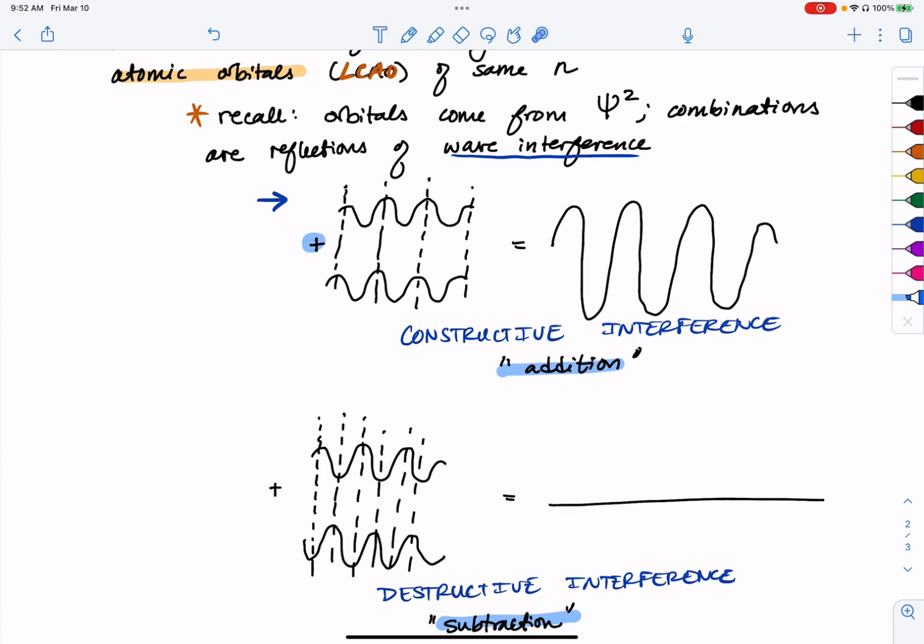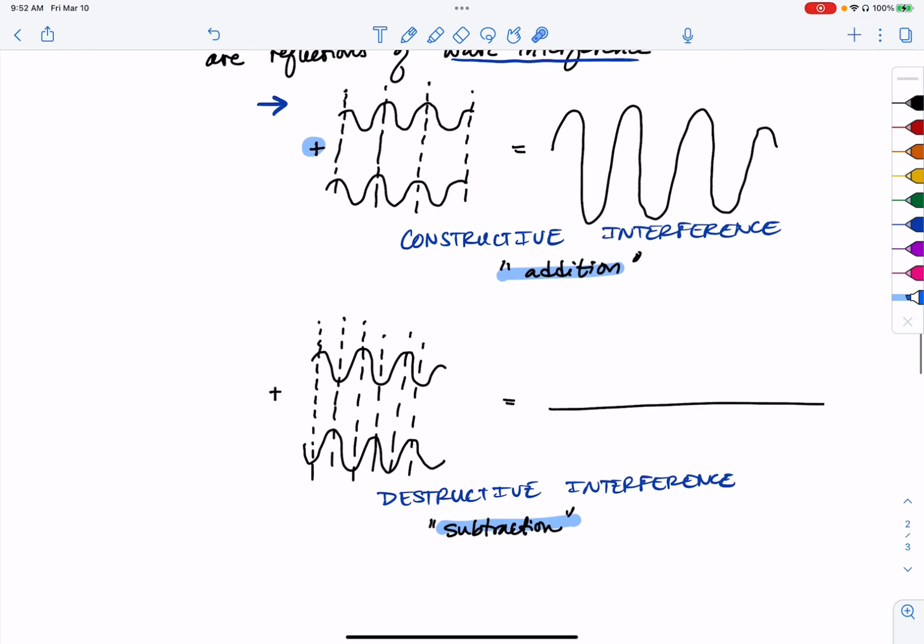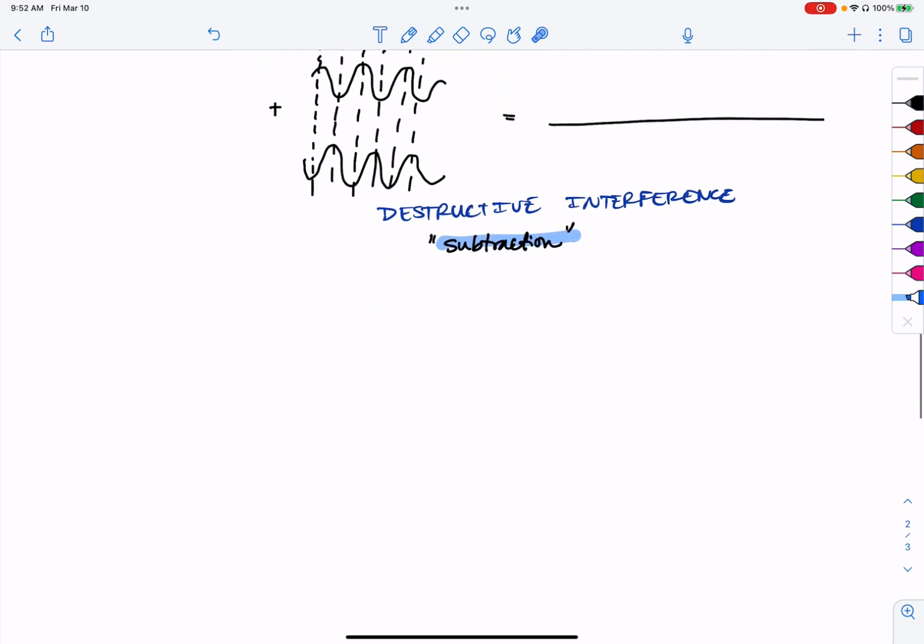So in order to look at these LCAOs, or linear combinations of atomic orbitals, we need to look at both constructive and destructive interference of those orbitals. So we're looking at both an additive and a subtractive interaction between s orbitals and p orbitals.